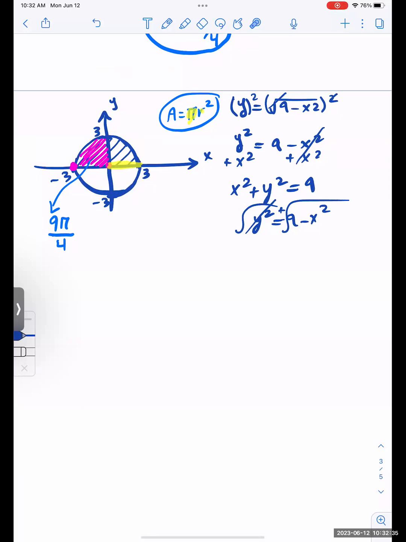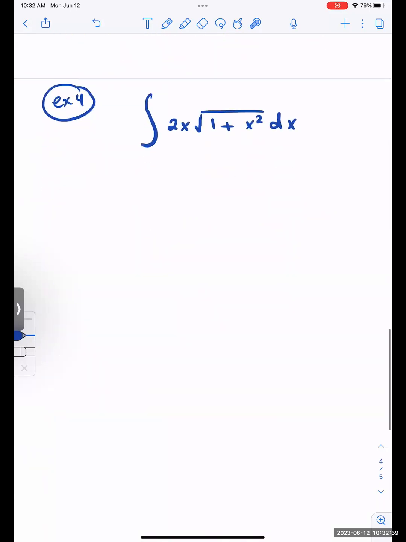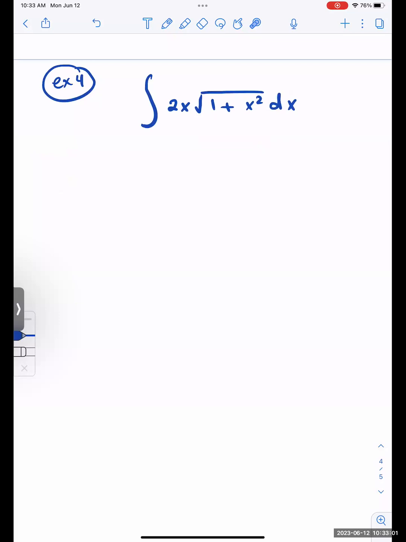So pi times 3 squared is 9 pi. But you are dealing with only quarter of a circle, so 9 pi over 4. That's how I got it. Did you get that? Great. Yeah, keep asking me questions if you feel that you need more time on things.